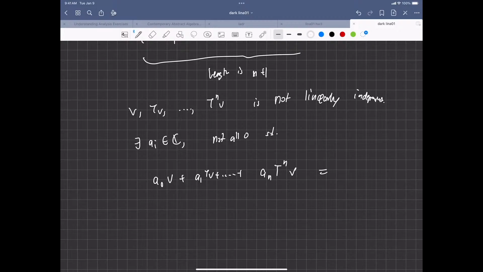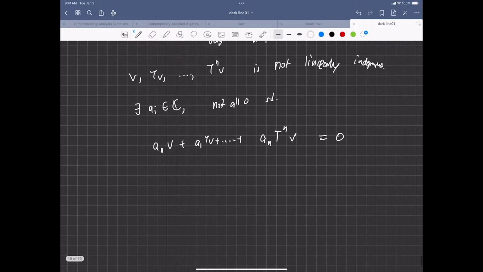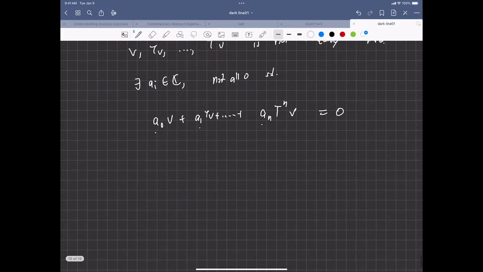This here would be 0, and not all of these coefficients here are 0. So what are we looking at here? If we focus on just the coefficients here, a0 T^0, a1 T, a2 T^2, plus dot dot dot, plus an T^n.